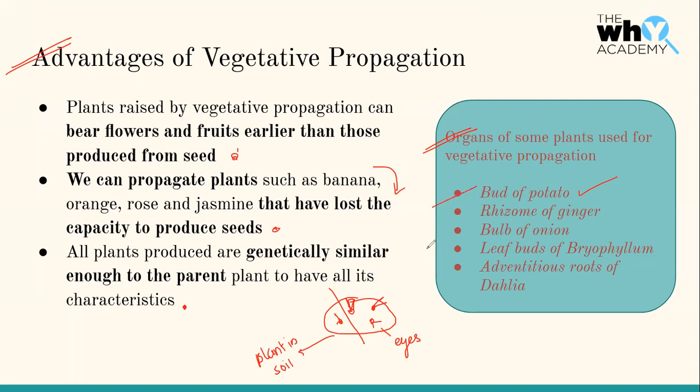You can use potato, you can use onion. These are commonly found in your house. You might be eating ginger, or I gave you the example of mint, pudina, that is commonly available. Even garlic, you can use the bulb of the garlic to grow garlic if you're interested.